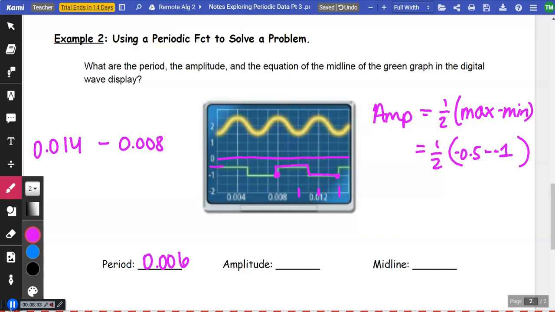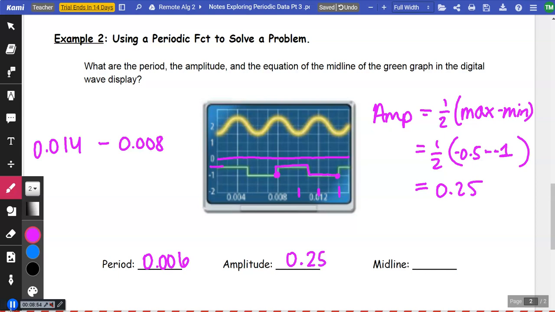So what is negative 0.5 minus negative 1? Positive 0.5. Divided by 2 is 0.25, or multiplied by a half is 0.25. So our amplitude is 0.25.